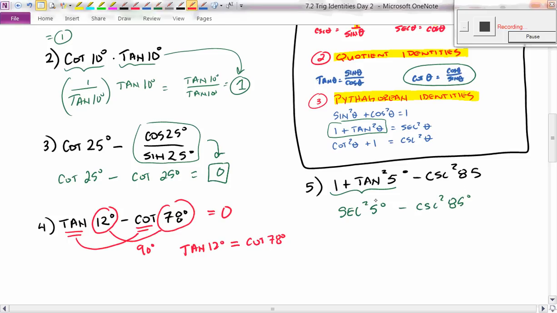Now I'm also noticing that 5 and 85 are complementary, and secant and cosecant are cofunctions, so the secant squared of 5 is equal to the cosecant squared of 85, and I'm subtracting them, so again I get 0 here.